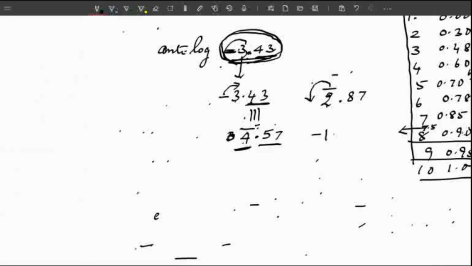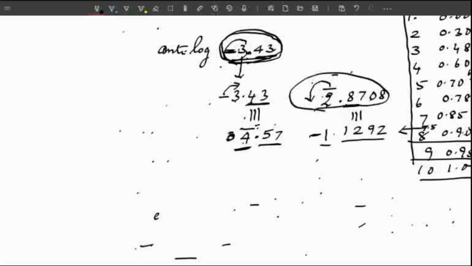As usual, each digit is subtracted from 9 and the last digit from 10. Therefore, 1, 2, 9, and 2. This indicates the number is negative and all the decimals are also negative. Therefore, it is in the natural form, while the one written with the bar is in the logarithmic form.